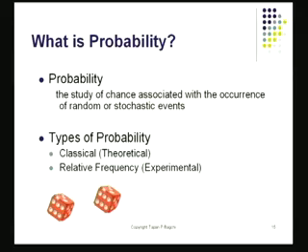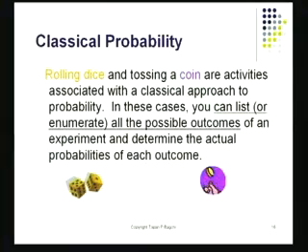There are two ways I can measure probability: either by theoretical considerations, and I'll show you how to do that, or by relative frequency, which is calculating the odds based on hard data.